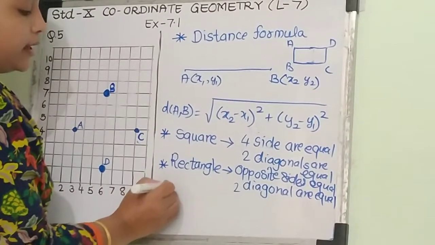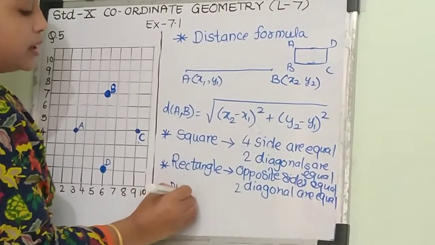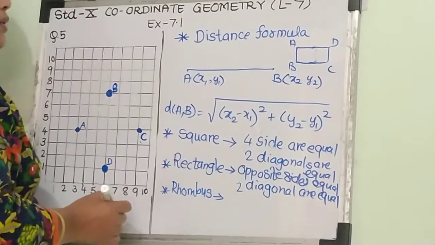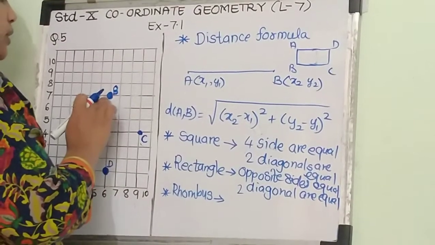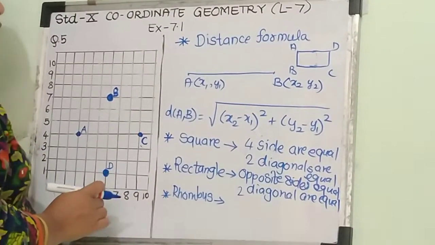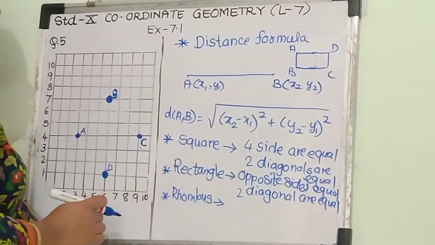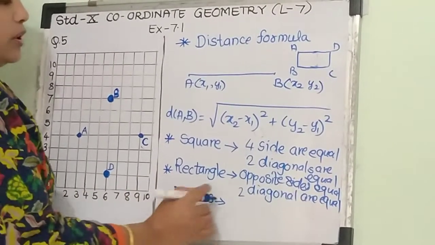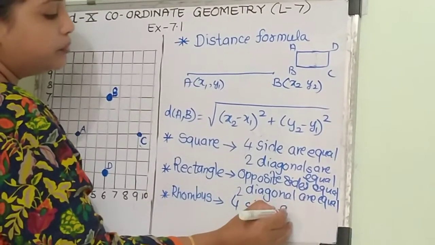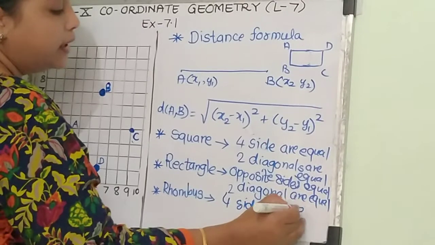Then next, that is a rhombus. Suppose we have to check whether the given points are the vertices of a rhombus or not. For the rhombus, what do we have to do? For the rhombus we only need to get four sides equal.